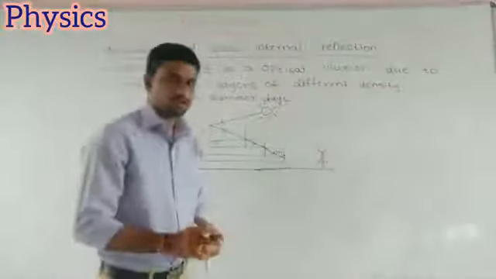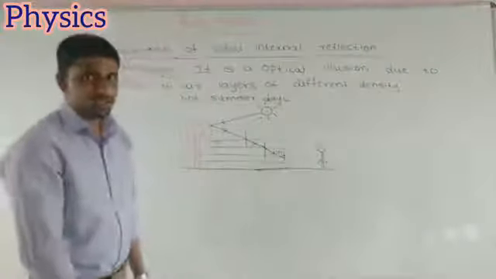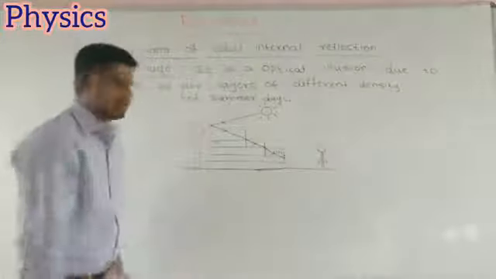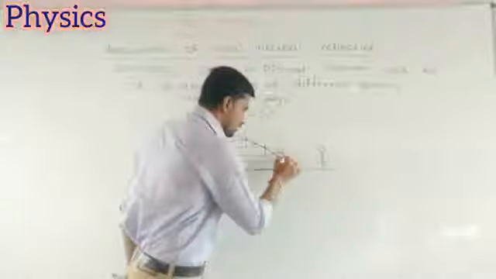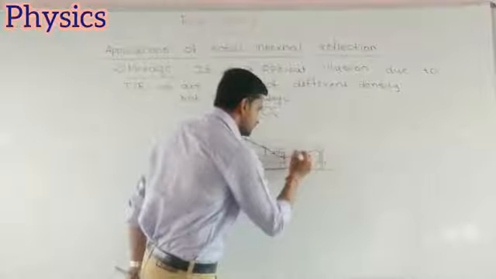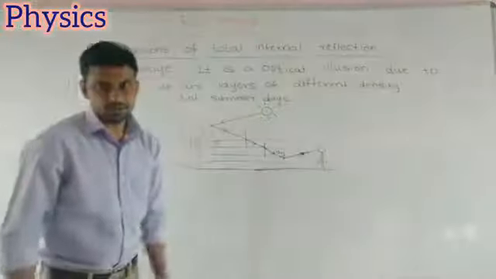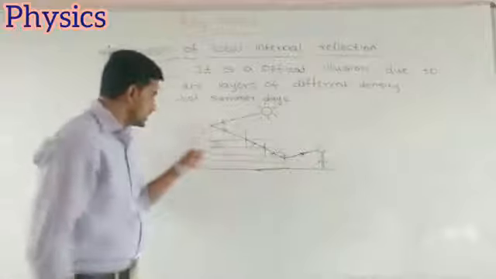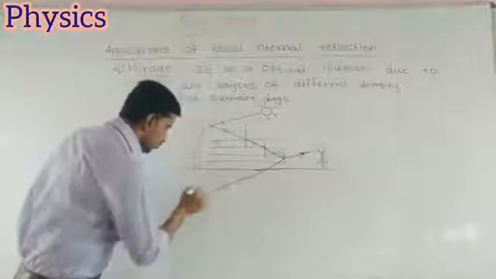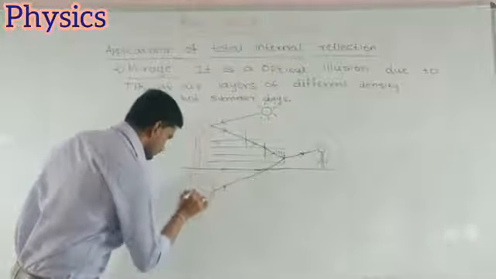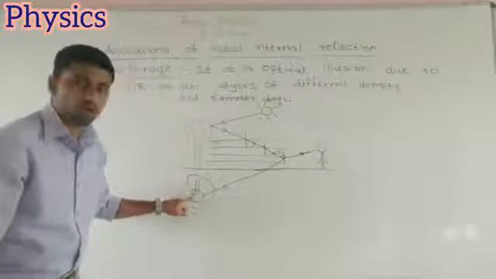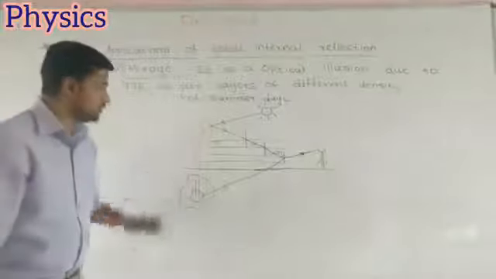he assumes that the light ray which is coming is from the pool of water which is near this object. That means here it will undergo total internal reflection, and this ray of light enters this person, and he will feel that this object is being reflected by the pool of water near this object.